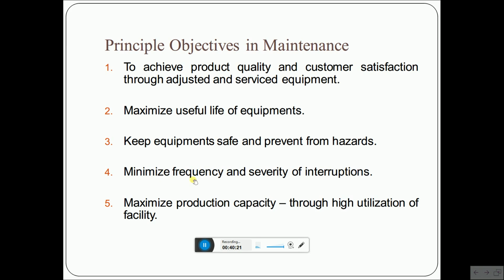So I can minimize the frequency at which the fault occurs. Or I can minimize the severity. So the crack length after 1,000 hours at 6,000 RPM is 2 centimeter. Maybe I can bring it down to 1 centimeter by enhancing the material properties. So that's what I mean by frequency of faults and severity of faults, right?